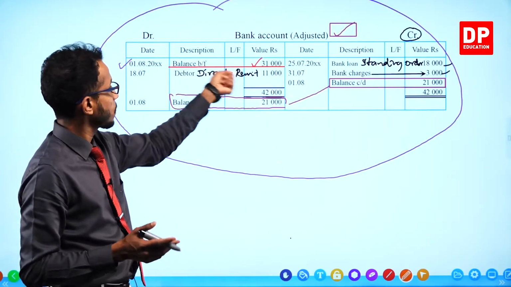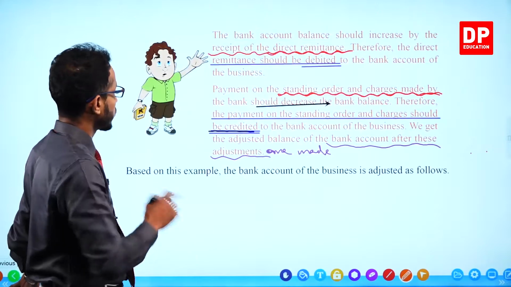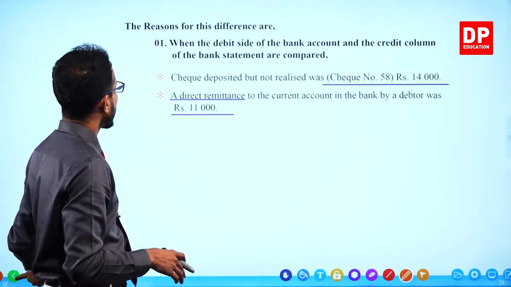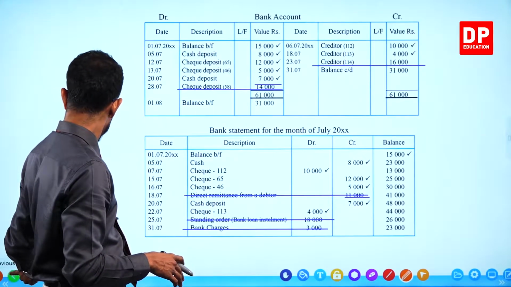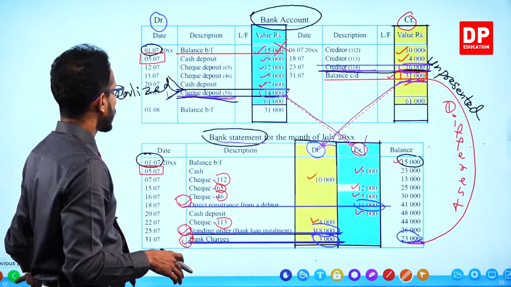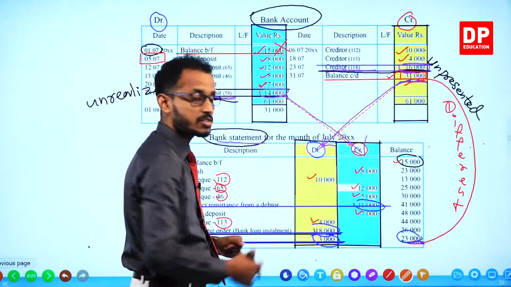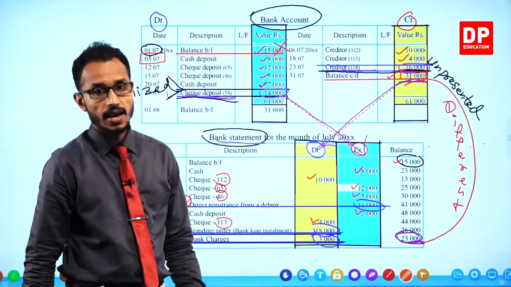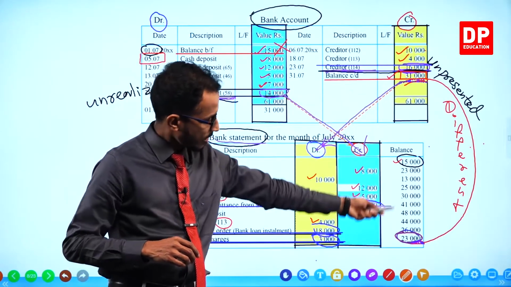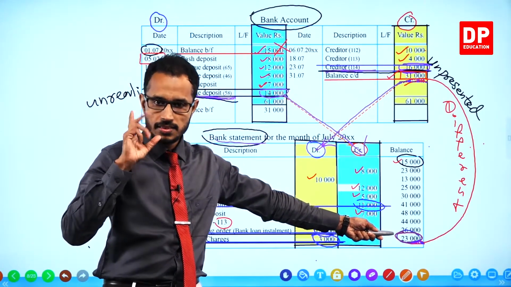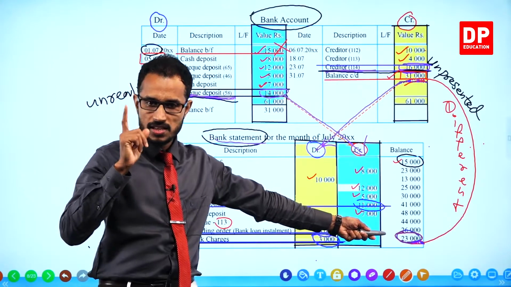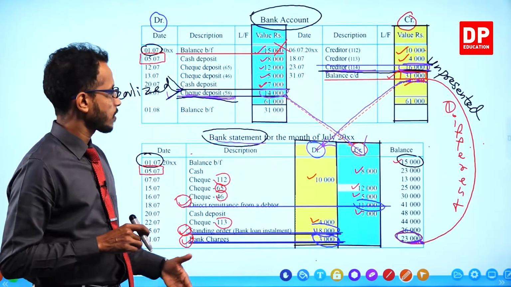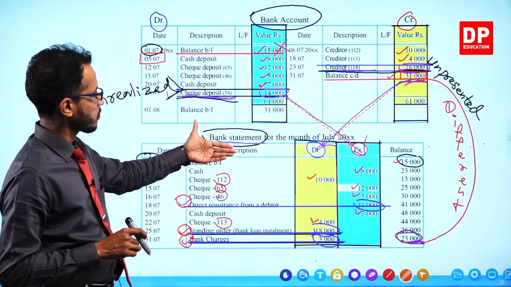Now we have to make that bank account balance agree with the final balance of the statement.